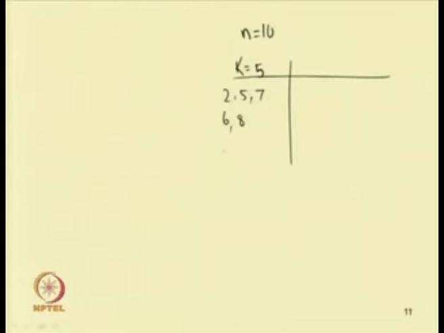Now, let us take another eigenvalue 3, 3. So, this is repeated twice. Another eigenvalue, let us take 4, 4, 4. So, here it is repeated 3 times.